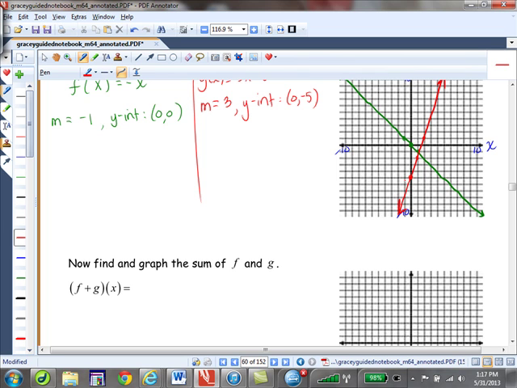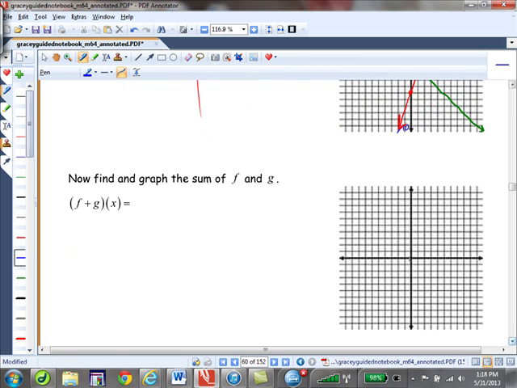The red graph has an output of negative 5. So if we were to add these two functions, we would end up getting an ordered pair at 0, negative 5.